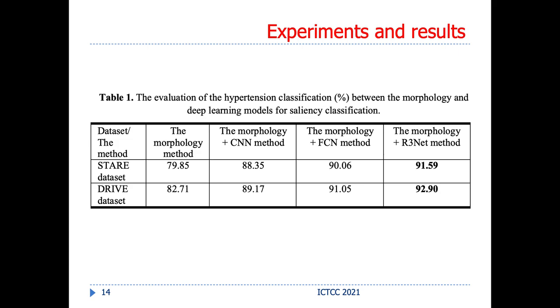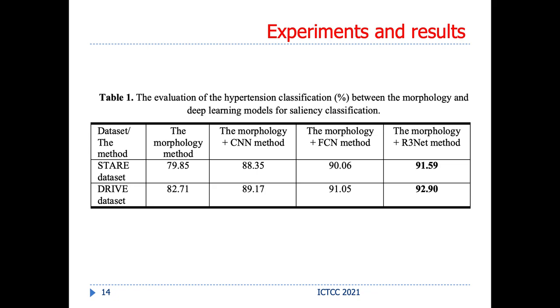We can see that the combination of the morphology method with our recurrent residual refinement network is better than others. In this table, the second column is the morphology method, and we apply the original method with the 7 steps in figure 3.